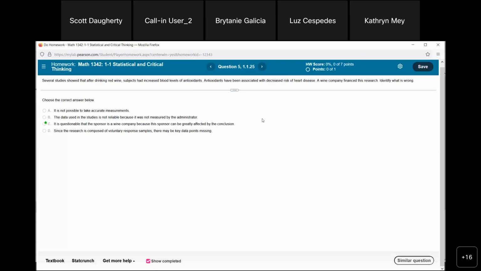Okay, so this one says several studies showed that after drinking red wine, subjects had increased blood levels of antioxidants. Antioxidants have been associated with a decreased risk of heart disease, and a wine company financed the research. Identify what is wrong. So this is a particular case where the people doing the research, the wine company, or at least they financed it, have an interest in the outcome.